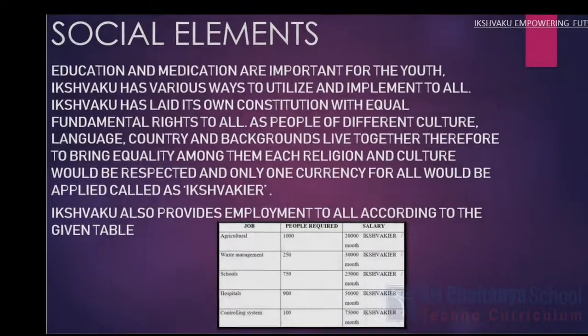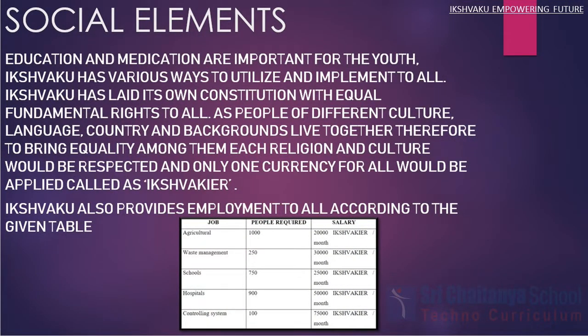Next are the social elements. The main elements which constitute a human society are education, medication, fundamental rights, language, law, and order. As people of different cultures, languages, countries, and backgrounds live together, to bring equality among them, each religion and culture would be respected, and only one currency for all would be applied, called Ikshvaku.